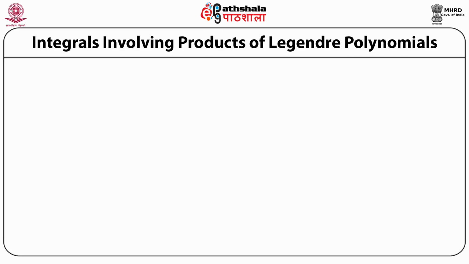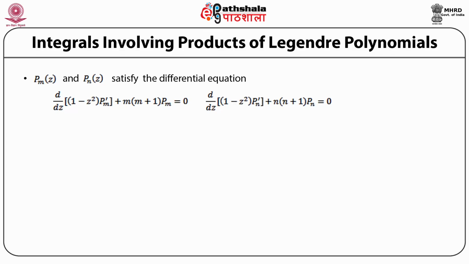Legendre polynomials Pm(z) and Pn(z) satisfy respectively the differential equations d/dz of (1 minus z²) Pm′ plus m(m plus 1) Pm equal to 0, and the other equation d/dz of (1 minus z²) Pn′ plus n(n plus 1) Pn equal to 0. Here, a dash refers to differentiation of P with respect to z.